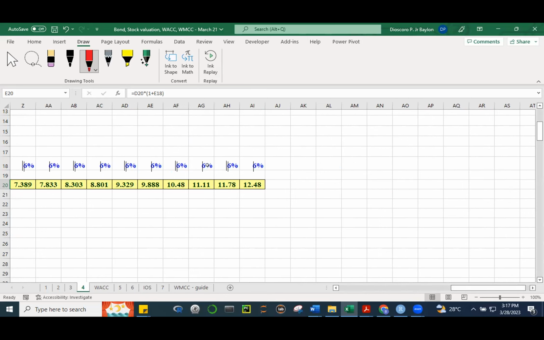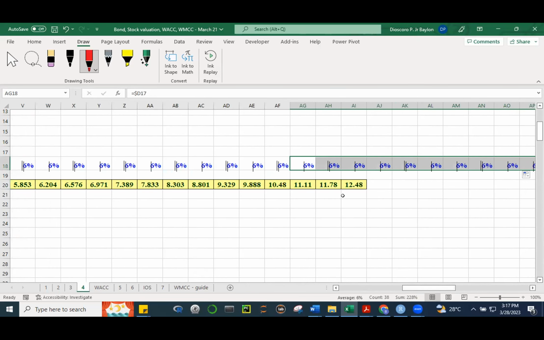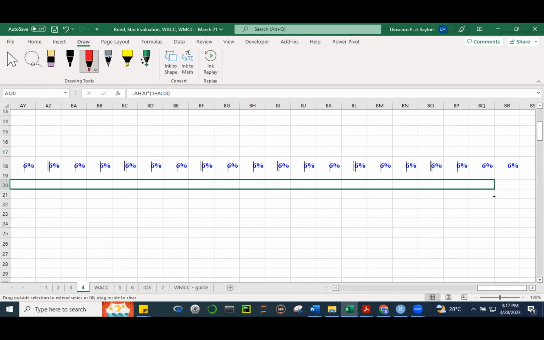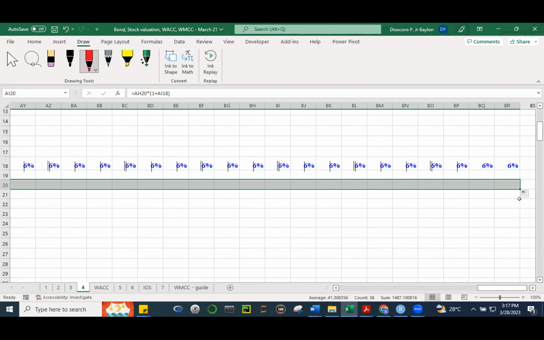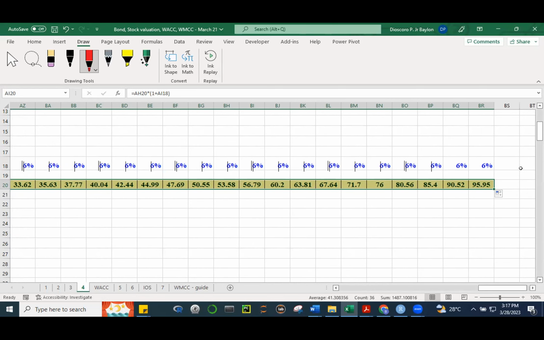Now we know, class, that even if you put here 6% up to 1,000, the further you go from the present value, from now, the lower will be the present value of this, even if this keeps on increasing over time, because it will increase by 6% every year.